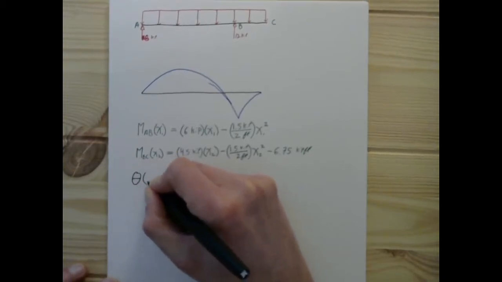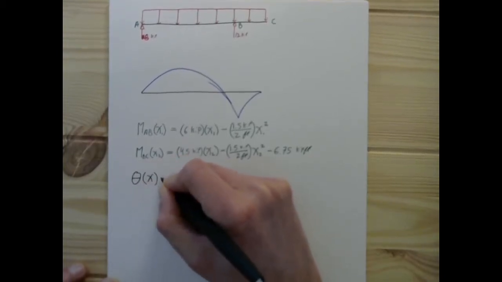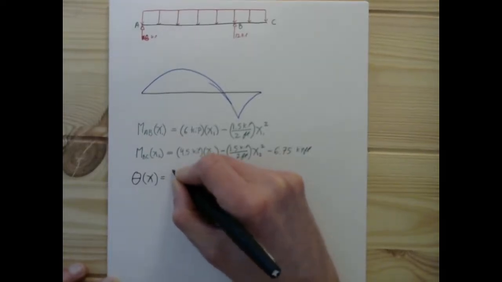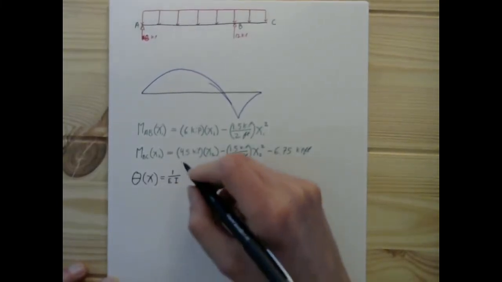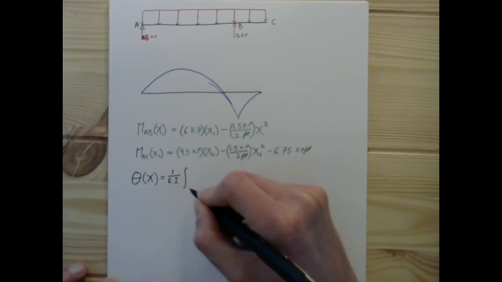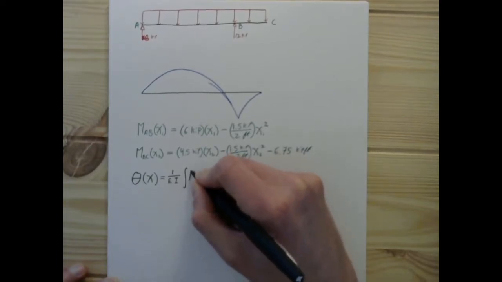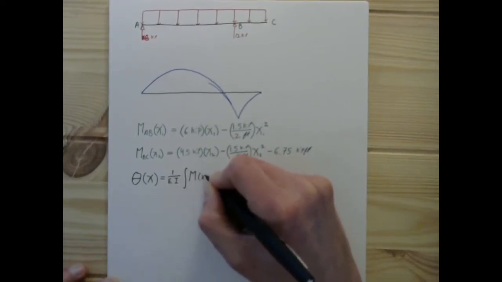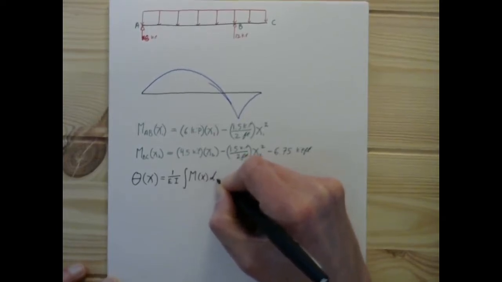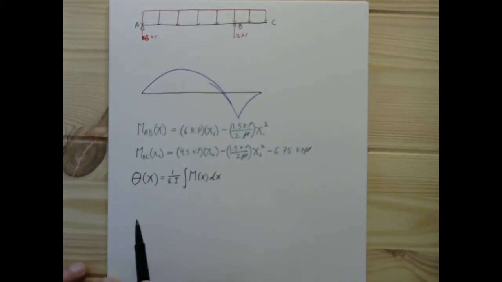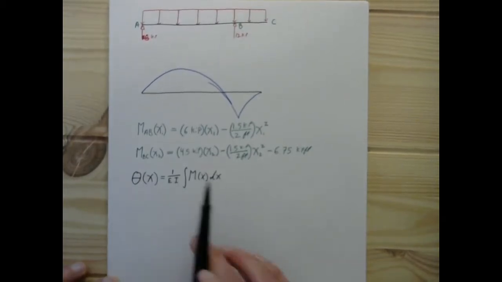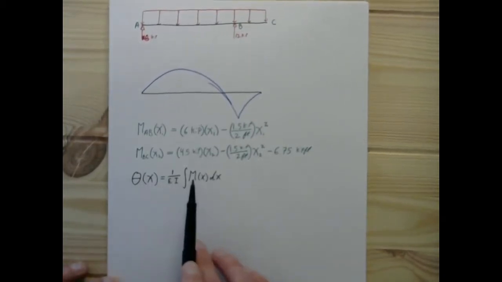We're going to have to use this equation: the rotation is equal to 1 over the Young's modulus and the second moment of inertia times the integral of the moment. Fortunately, our Young's modulus and our second moment are constant, so we can pop them on the outside, and we don't need to really think about them until the very end.